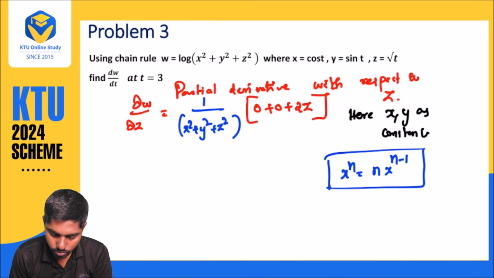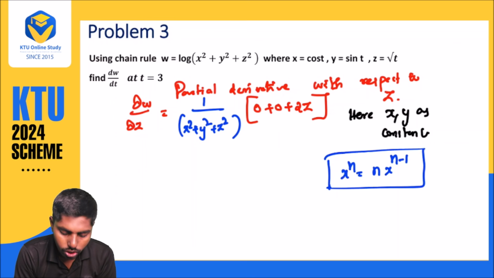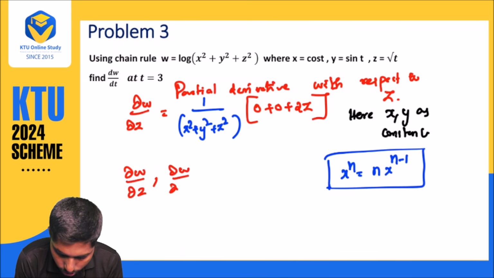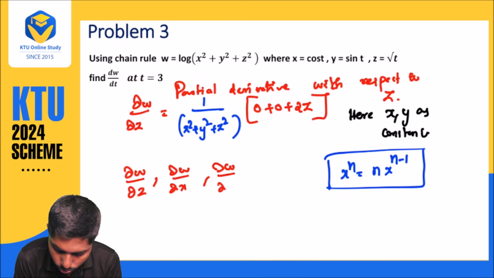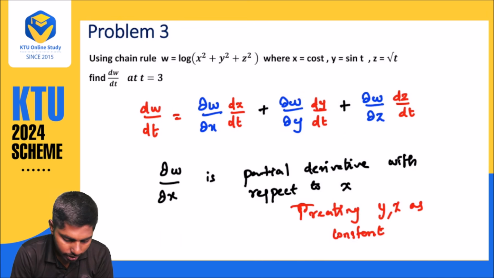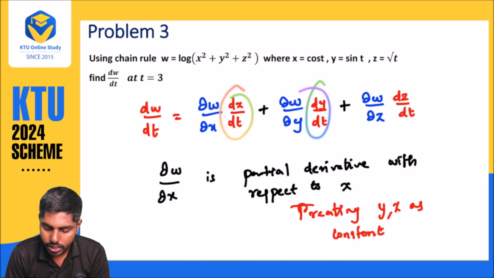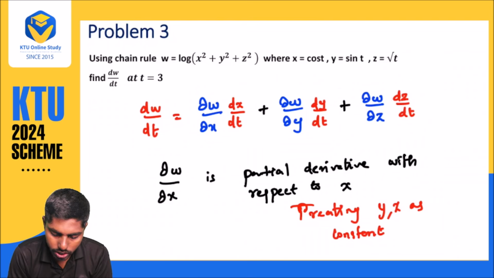So we have identified ∂w/∂x, ∂w/∂y and ∂w/∂z. Now we want to identify dx/dt, dy/dt and dz/dt.